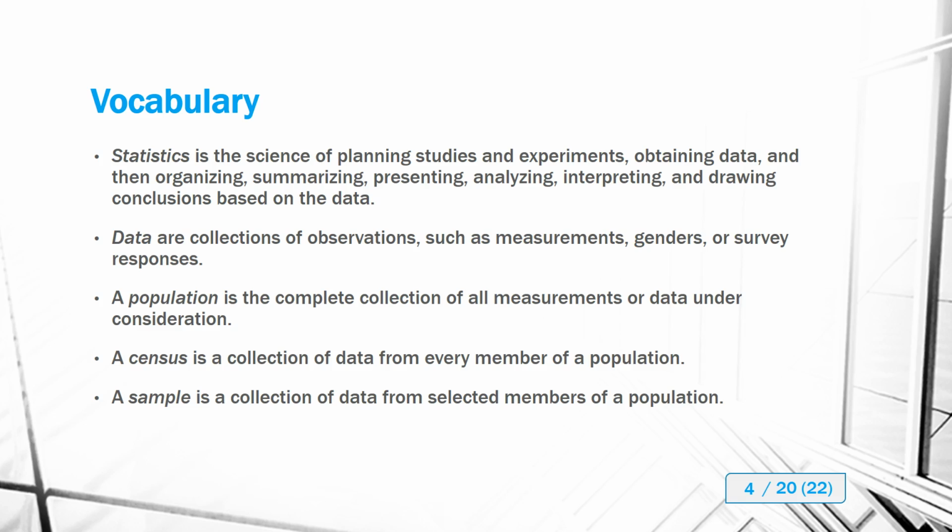So we're looking to make predictions about what might happen in the future. We're looking to establish a trend. Maybe we're looking to establish a relationship or a connection between two or more variables. So statistics is the science of getting from the beginning of collecting all that data and then ending up with your final conclusions. The data is simply collections of observations.